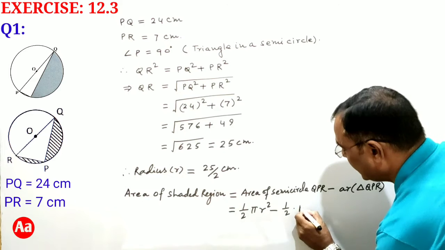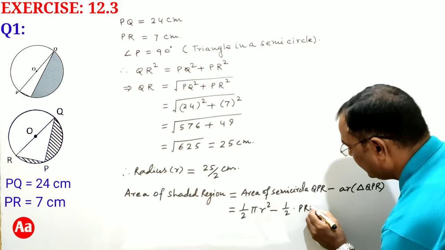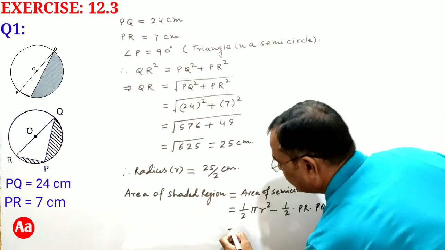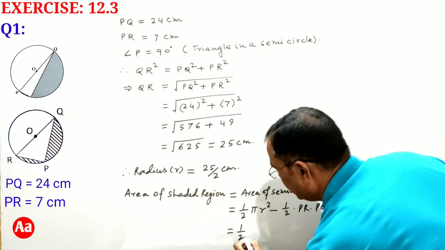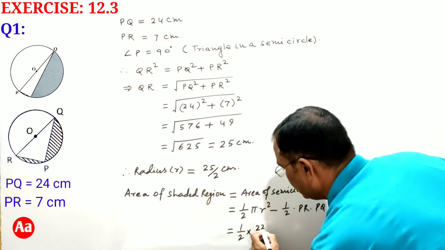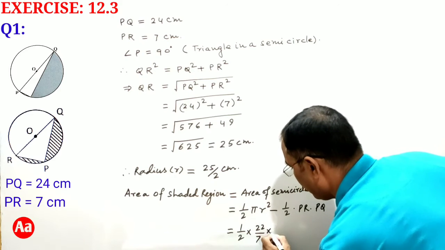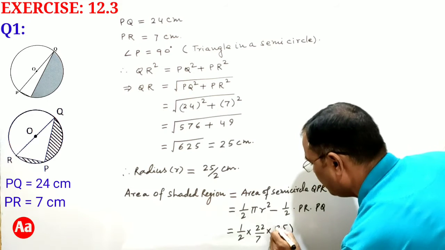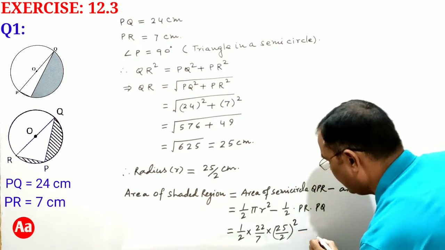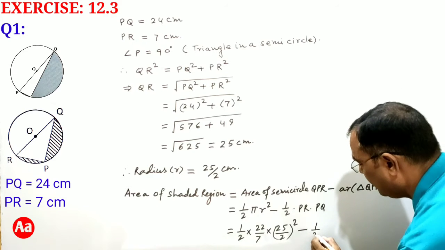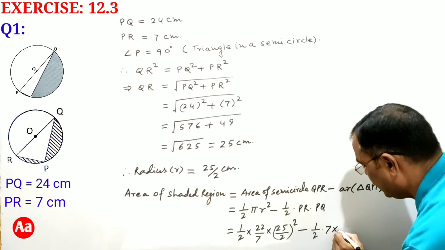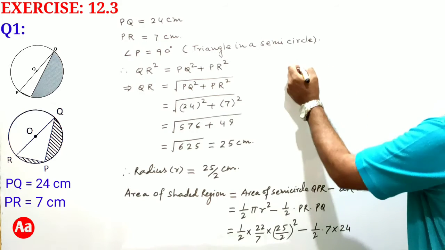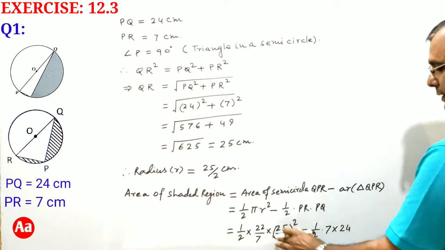Base, let's take PR into height PQ, and this is equal to half into 22/7 into 25/2 whole square minus half into 7 into 24, and let's simplify this.